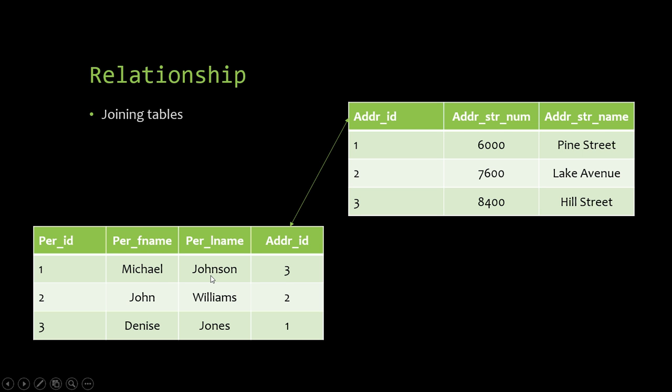So Michael Johnson is uniquely identified by person ID 1, and he also happens to have address ID 3, which corresponds, according to this connection, to this address ID 3. So Michael Johnson lives on 8400 Hill Street. So this is basically how a relationship works in relational databases.